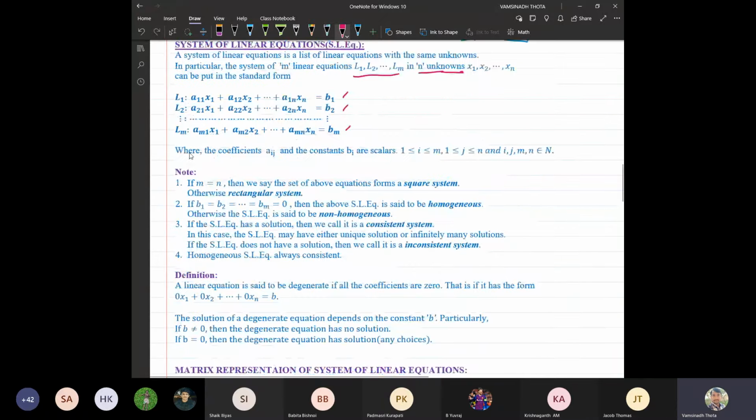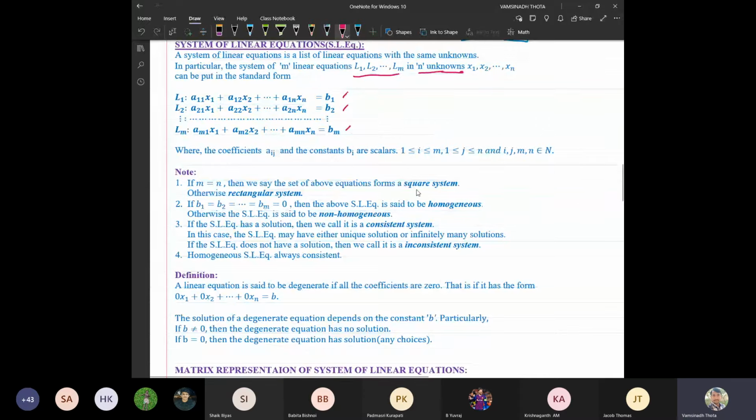Now what about systems generally? What are the different notations and concepts? When the number of equations and the number of unknowns, m equal to n, are the same, then such a system we call a square system.